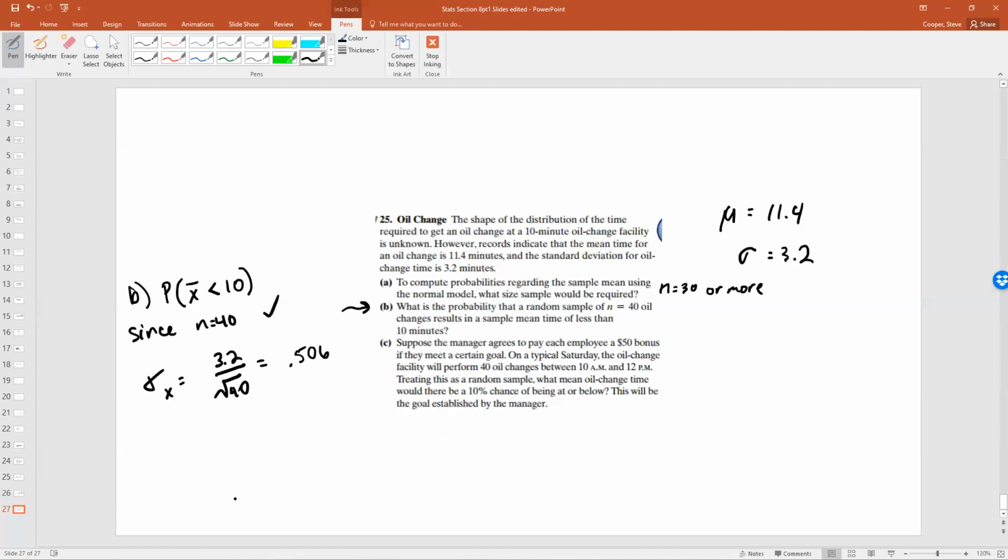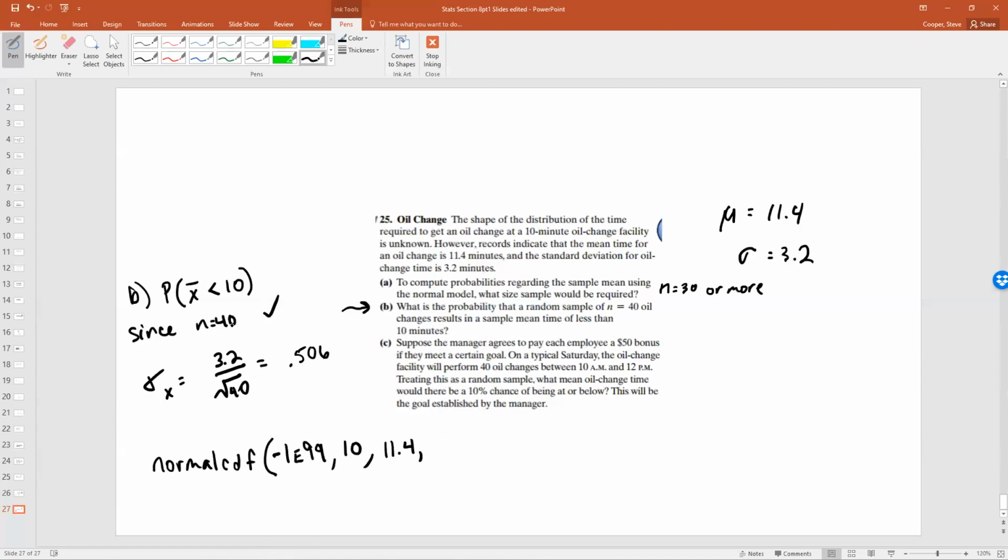Okay, so if I'm going to make the z-score, I don't have time to do z-score, so we'll just do normal CDF. And our min is -1 e to the 99. And to keep it less than or equal to 10, less than 10 is the same as less than or equal because it's a continuous distribution. And then this is 11.4 for mu.